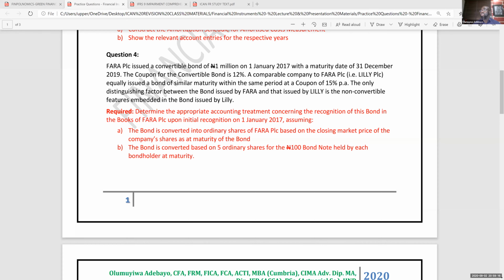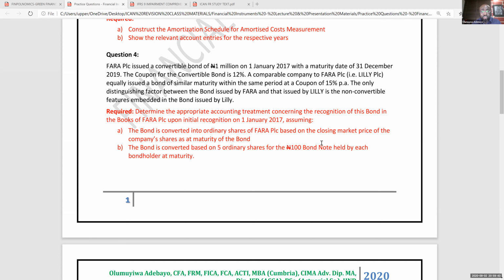Now let me read the question for us so that we can all participate. Fire PLC issued a convertible bond of 1 million naira on 1st of January 2017 with a maturity date of 31st December 2019, which means it's for a period of 3 years.